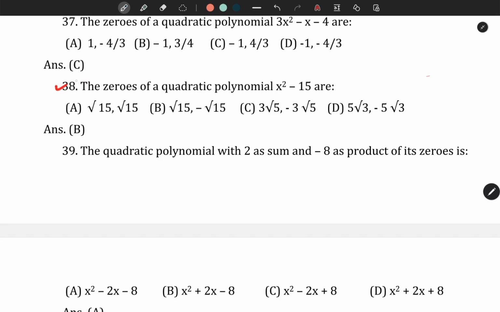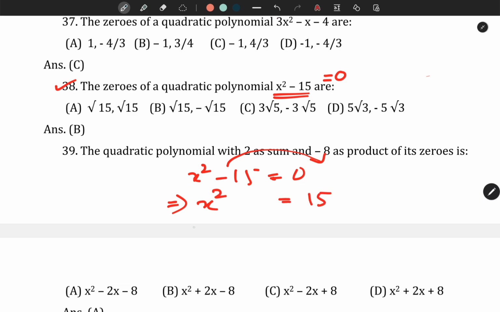The next question also, we have to find the zeros. So we have to write this equal to 0 and factorize the left hand side. So here in this case, we'll apply a square minus b square, or we can also do it in another way. You can take minus 15 to the other side, x square plus minus 15 will become plus 15.